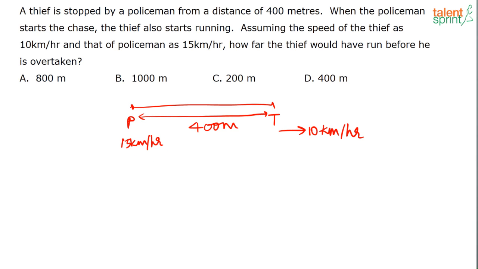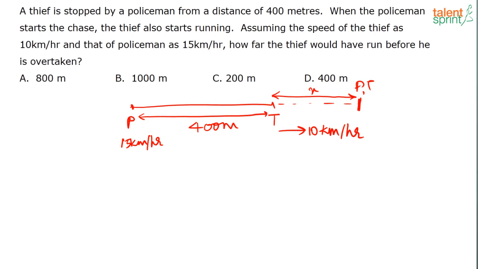Because the policeman is running faster, at some point he is going to catch the thief, or overtake him. Now they have asked, what is the distance travelled by the thief in this much time before the policeman catches him? So how do we do this question?